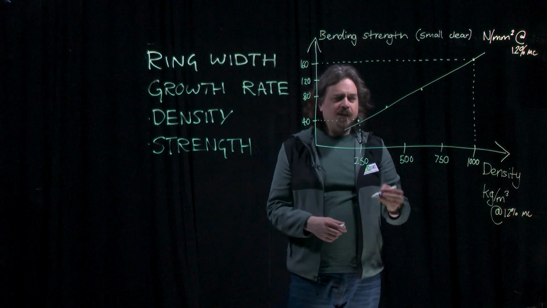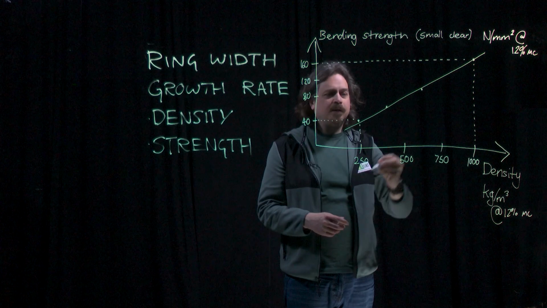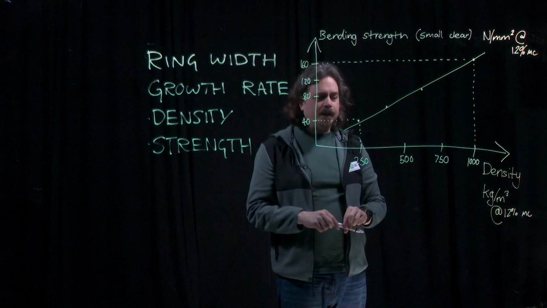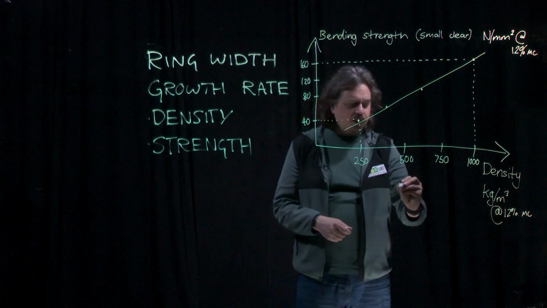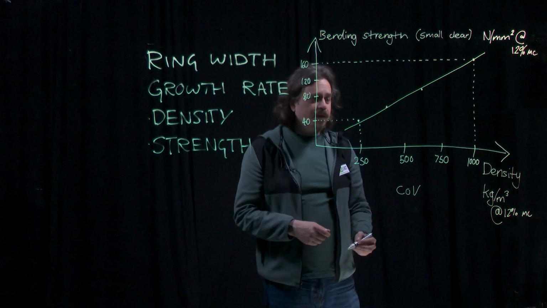The problem is that these are plots of averages of those species. The actual variation within a species is quite high. The coefficient of variation for density is typically about 15%.